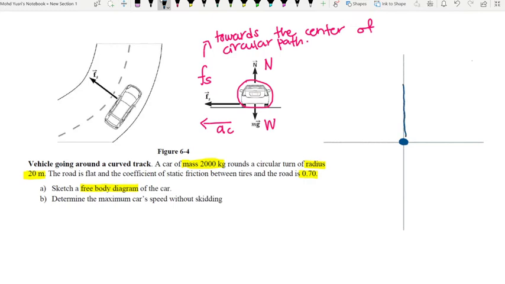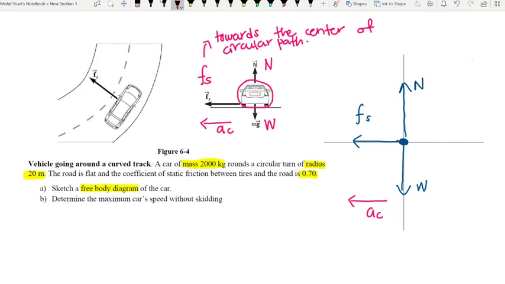So kita lukiskan normal force upward, weight downward, dan juga static frictional force towards the center of the circular path. Saya juga nak labelkan direction of centripetal acceleration, dalam kes ini to the left. So itu adalah soalan yang pertama.